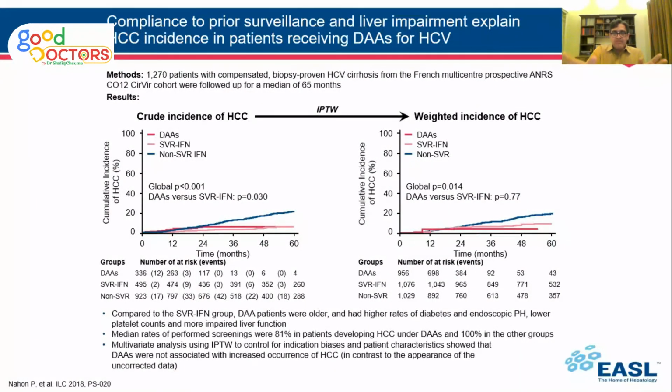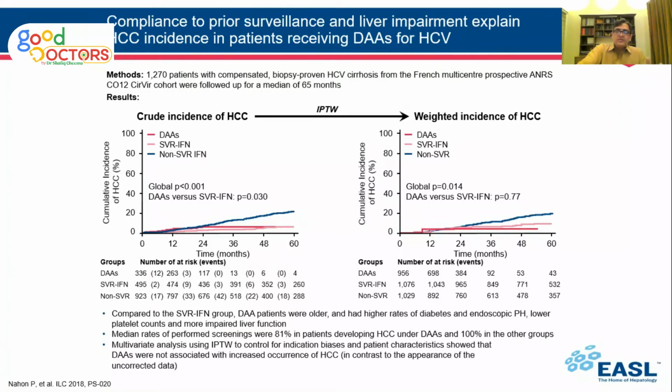This was based primarily on retrospective data where they showed that patients being treated with DAAs have more chances of HCC as compared to patients who were treated with interferon therapy. But once the sub-analysis of these retrospective studies was done, it was identified that those patients in the DAA group were older, had lower platelet counts, had higher rates of diabetes, and were at a more advanced stage of liver disease.